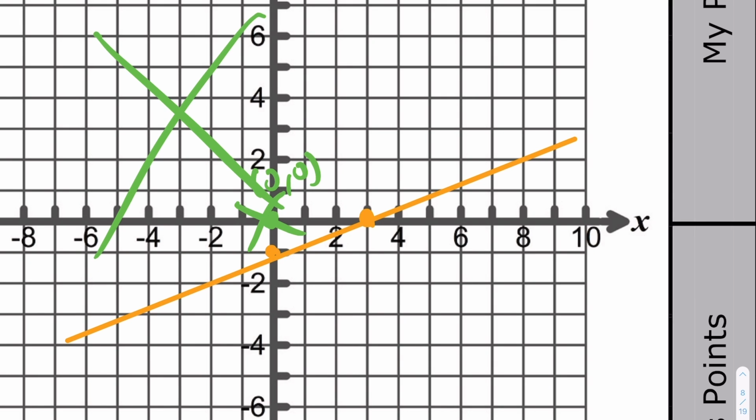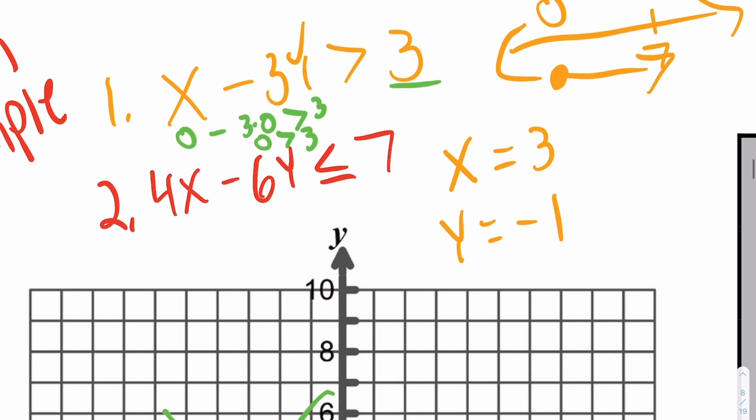We should pick something on this side and see if they're solutions. So I'll pick 6, 0, and we'll see if that's greater than 3. Six for x minus 3 times 0 for y, and we're checking to see if it's greater than, not 0, sorry, greater than 3. 6 minus 0 is 6, and is 6 greater than 3?